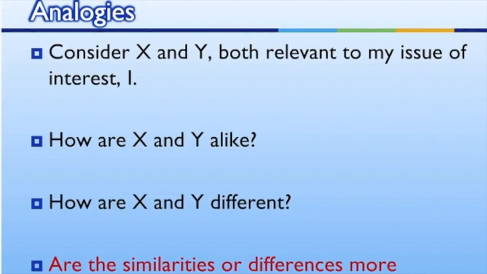When you do that kind of discussion, please include the 3 steps listed here. 1. Describe the most important ways that X and Y are alike. 2. Describe the most important ways that X and Y are different.